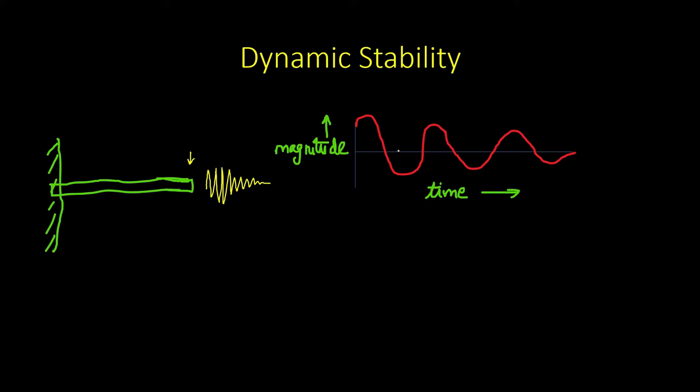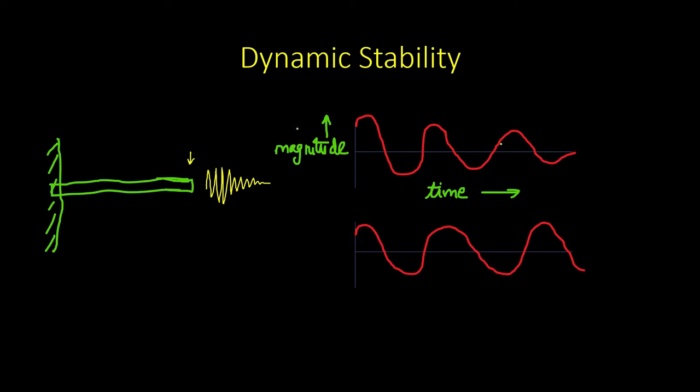So this is a magnitude versus time curve. Initially it will have a larger magnitude and then slowly the magnitude will die down and finally it will come back to its original position. So if this is the case, we can say that this is a dynamically stable system.